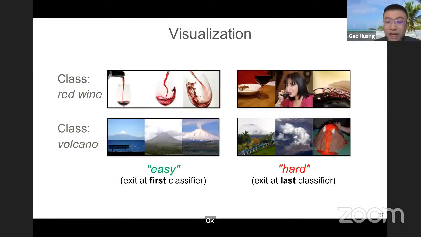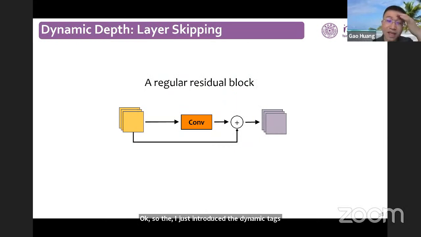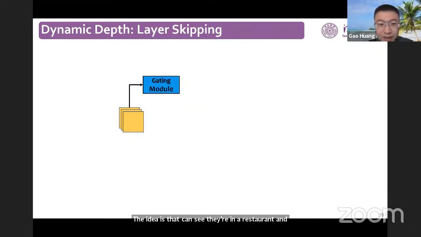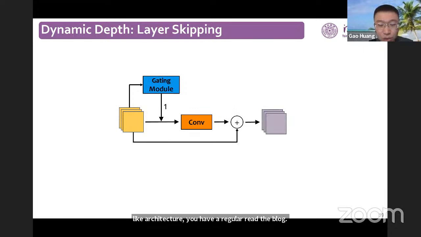Okay, so I just introduced the dynamic depth network with early exiting. Another way to achieve dynamic depth is so-called layer skipping. The idea is, consider a ResNet-like architecture: you have a regular ResNet block, and you have a gating module, which controls the activation of the residue path.